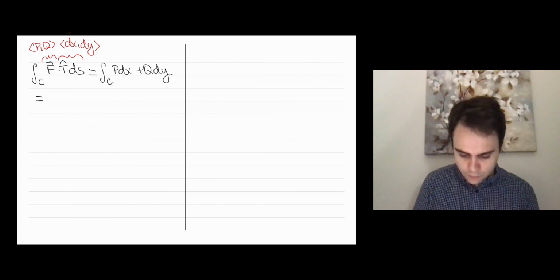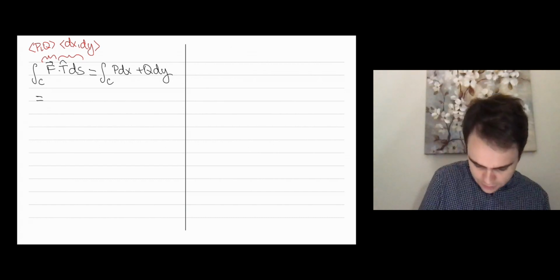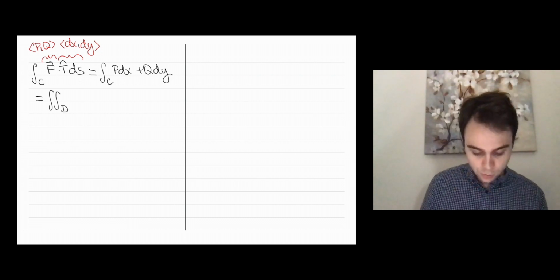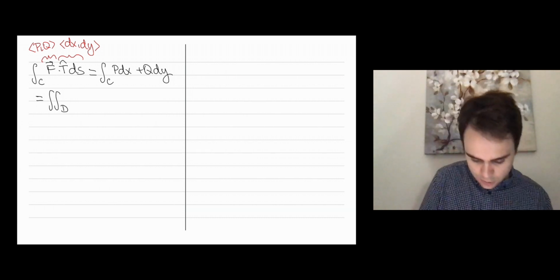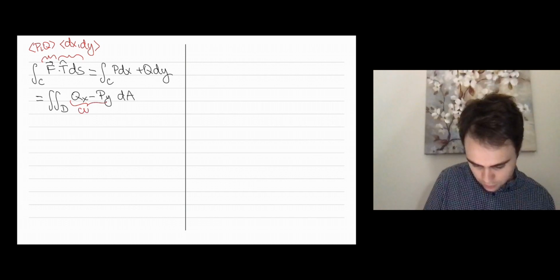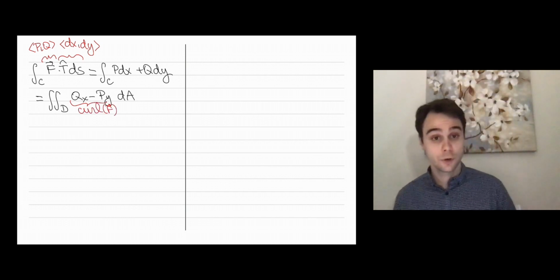Now, the integral of P dx plus Q dy over a closed curve C. The field is defined in the interior of the curve, so that's the double integral over D, by the usual version of Green's theorem, of the x partial of Q minus the y partial of P. But this is just the curl of F, by definition of curl.